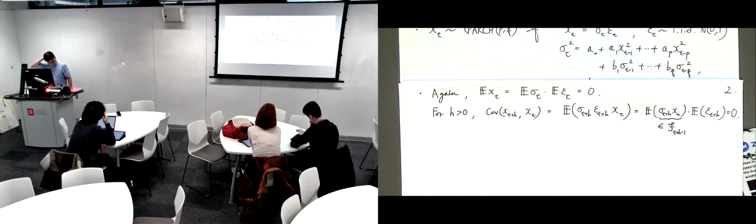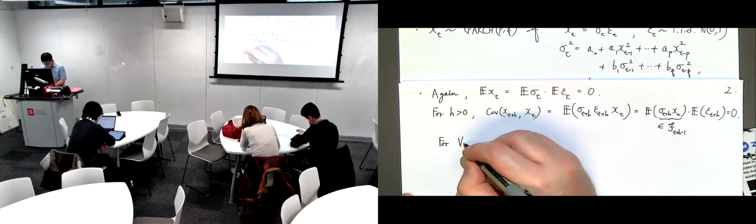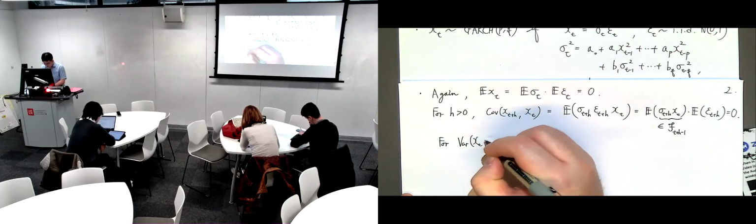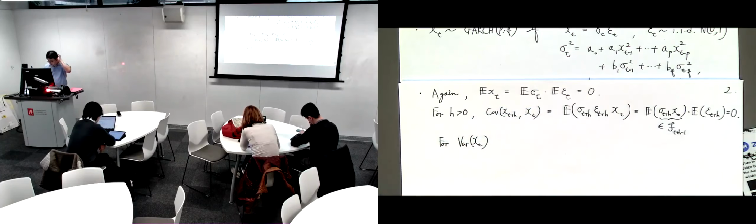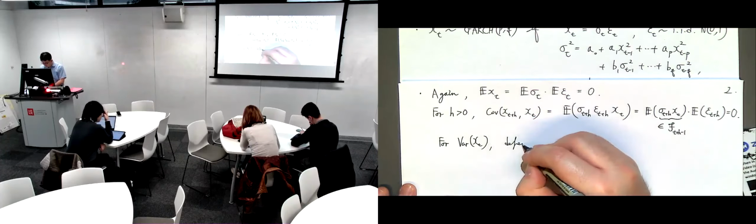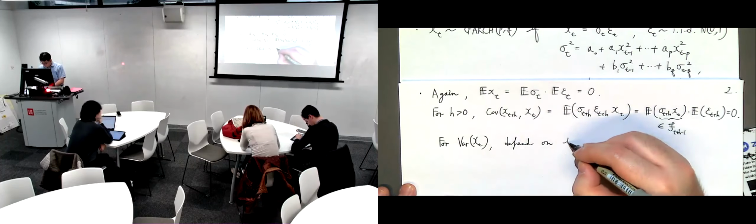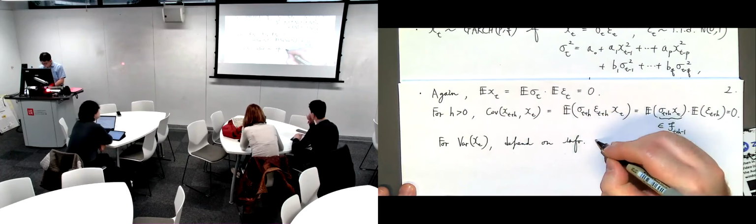So you can write this in formal notation. Now if we want to show that it is white noise, then we need the variance of x t. Well, the variance of x t depends on the information given to you.